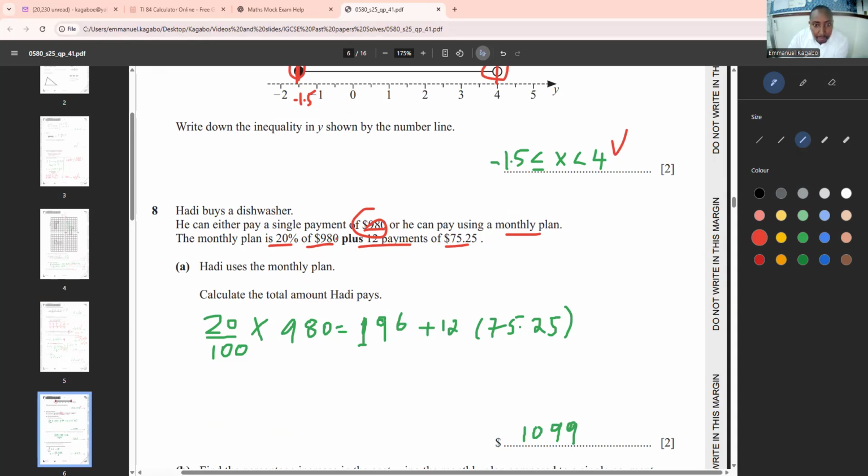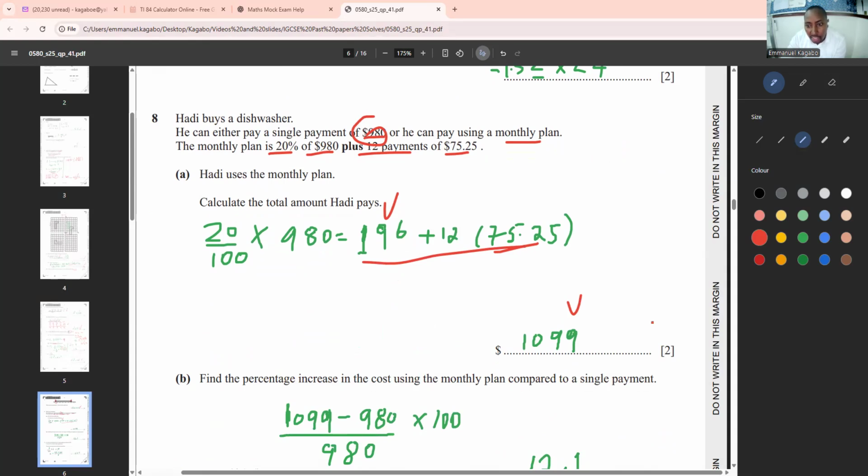Now, what's the 20% of that? 20% of that will be this one. Plus 12 installments, which is 12 times the installment he pays in 12 months. So when you work this out in your calculator, it's a calculator paper, this amount of money is what he is going to pay.